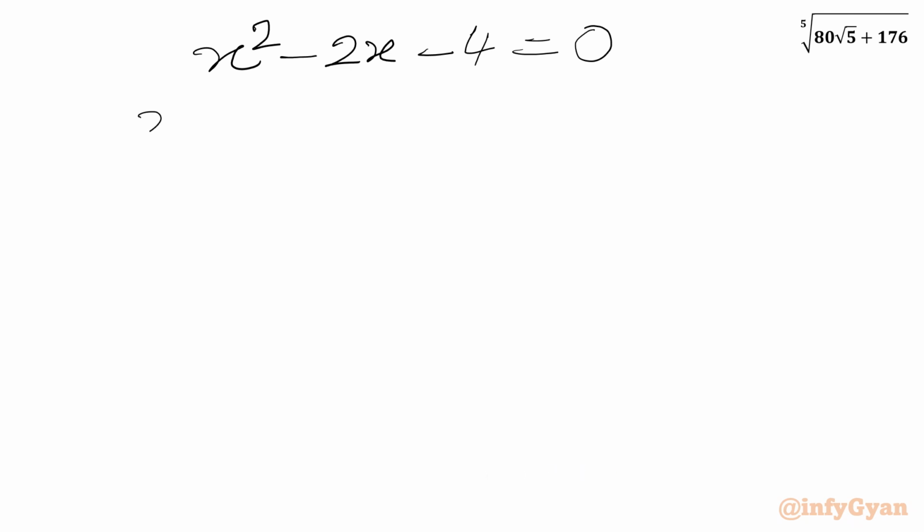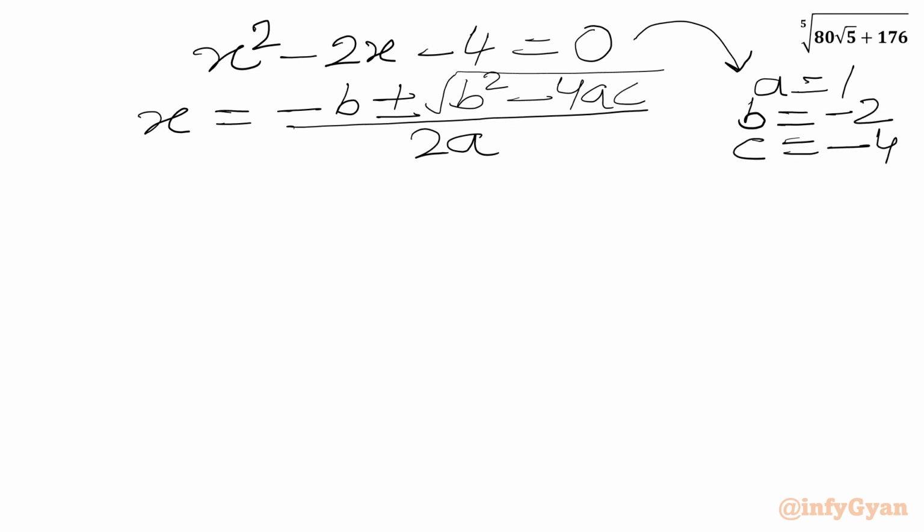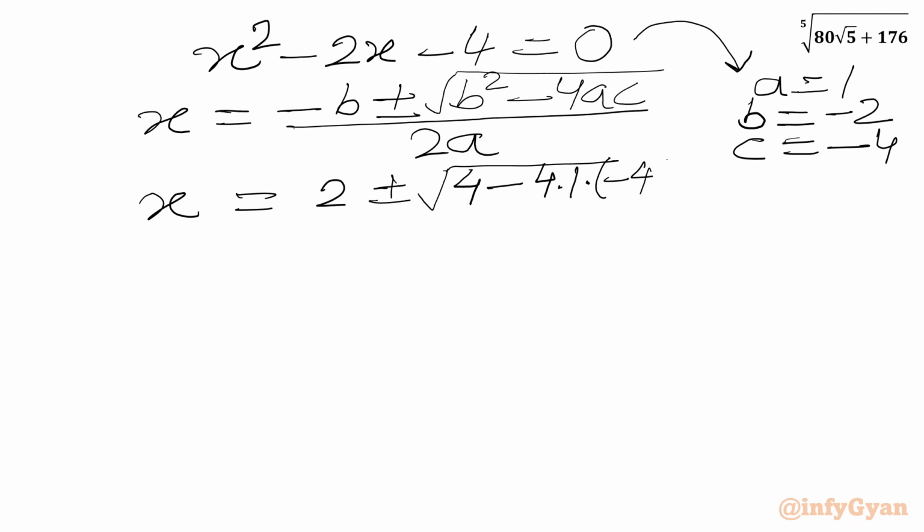Now we can apply the quadratic formula. x equal to minus b plus minus the square root of b square minus 4ac, divided by 2 times a. As per our equation, a is 1, b is negative 2, c is negative 4. Let's apply. x will be equal to 2 plus minus the square root of 2 square, which is 4, minus 4 times 1 times minus 4, over 2 times 1, which is 2.